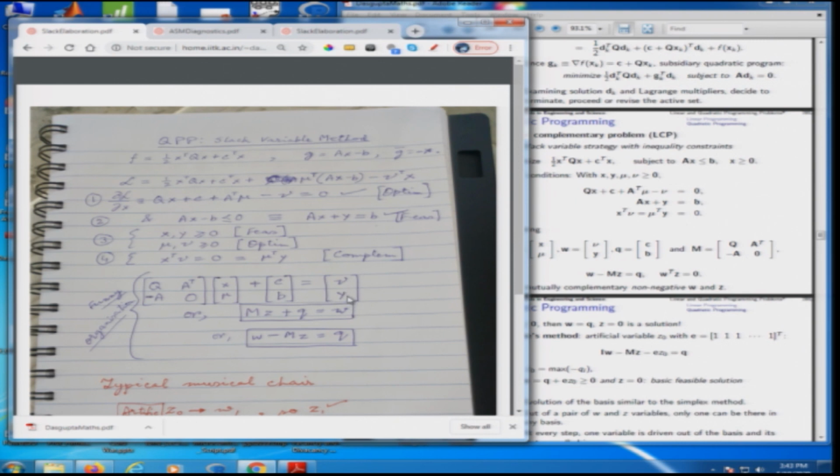Now, all these funny things, how do you remember? You do not remember, you just understand the logic. The sizes of the vectors which are coming in the corresponding positions should be the same. You see, x will have the same size as nu, because nu happens to be the Lagrange multipliers corresponding to these. So, as many x's, that many nu's, and c also should have the same size, because at some point of time you did c transpose x, that means c was a vector of the same dimension as x.